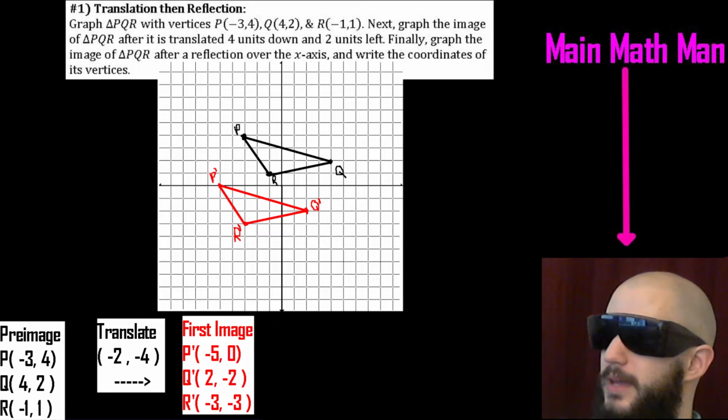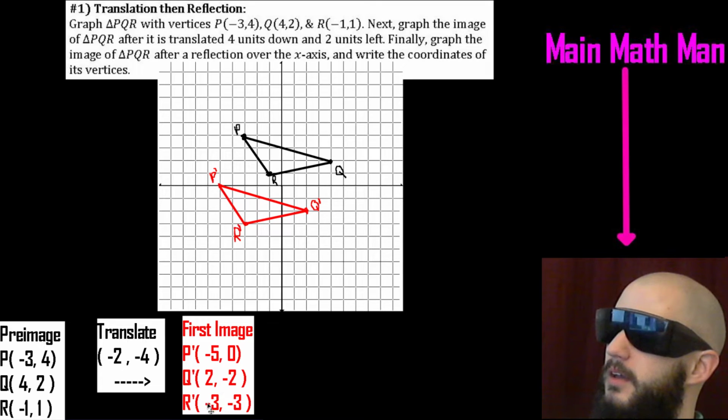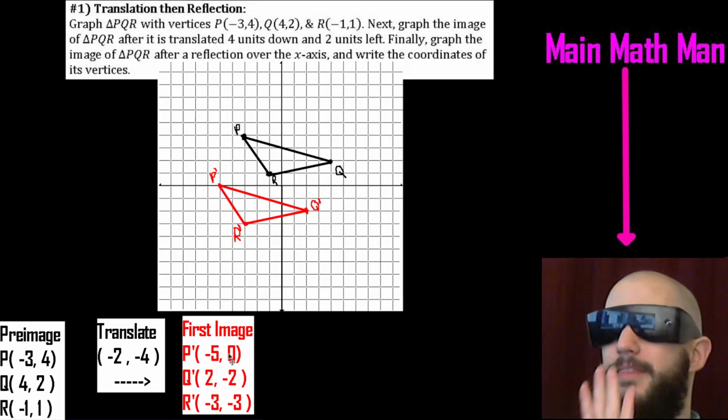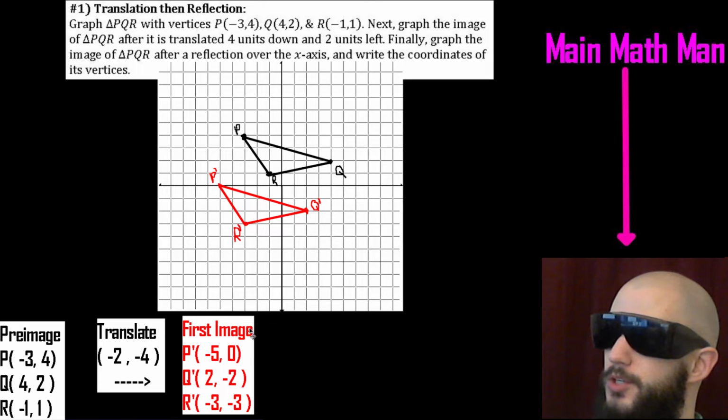It's going to be read as the points P prime is -5, 0. Q prime is going to be 2, -2. R prime is going to be -3, -3. Again, I used red for this one just to be able to show the differences between those two pictures.